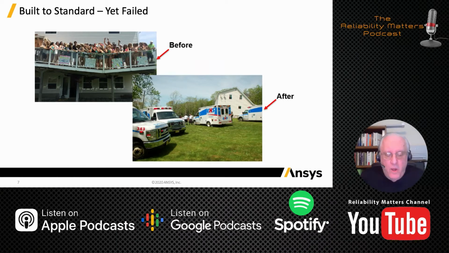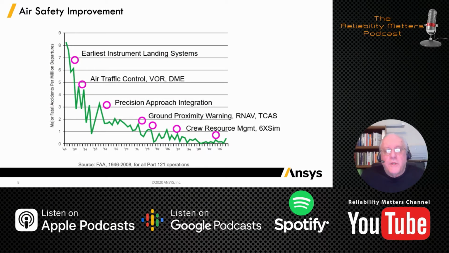And that's where simulation comes into play. One of the areas that I like to look at frequently, because so much of it is available in the public domain, are all the air safety improvements that have gone into effect in commercial aviation over the decades.